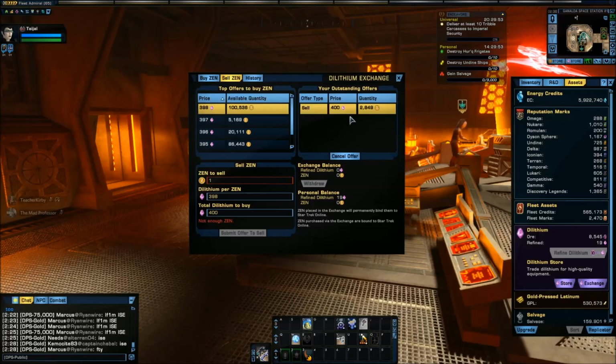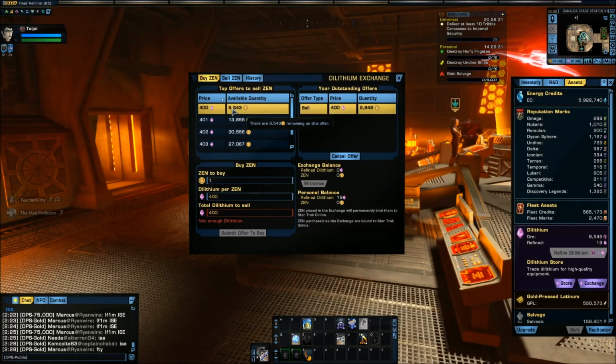Now you notice it hasn't sold yet. It's not going to, because my offer is now at the very bottom of this pile here of Zen. So when people want Zen instantly and they buy Zen, they buy out of this pile here, and mine is on the bottom.